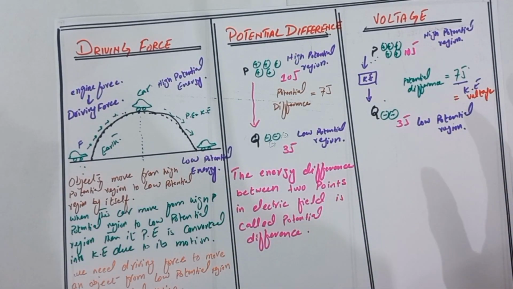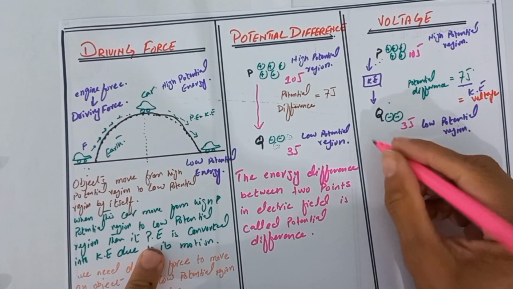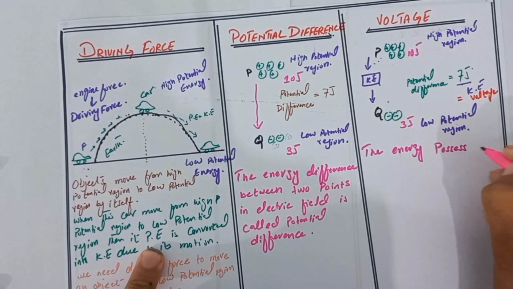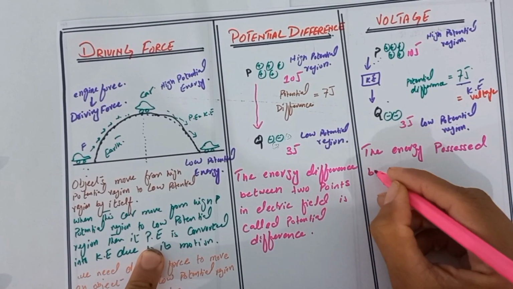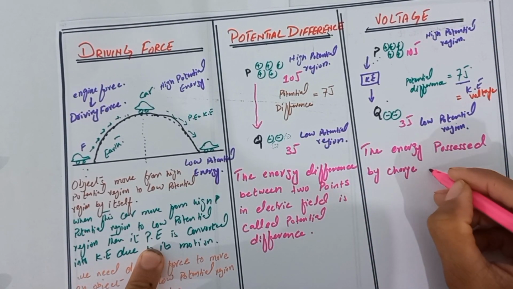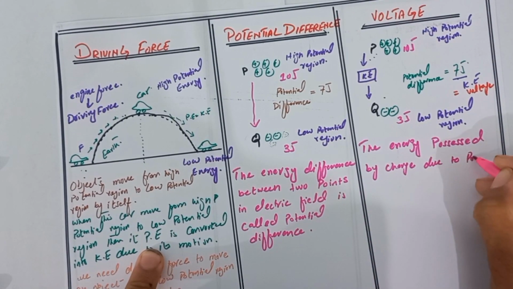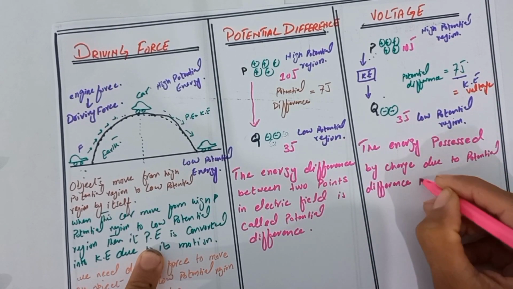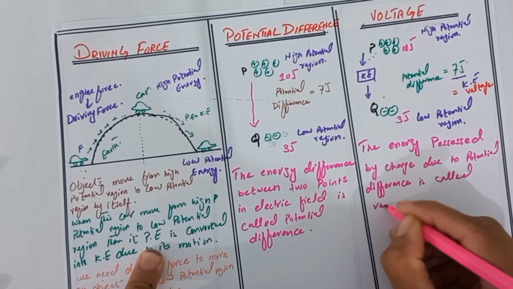So we can define what is voltage: the energy possessed by charges due to potential difference is called voltage.